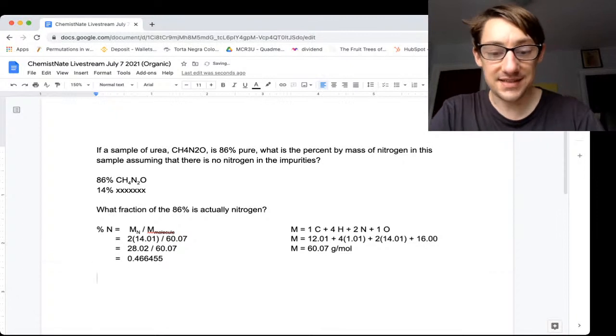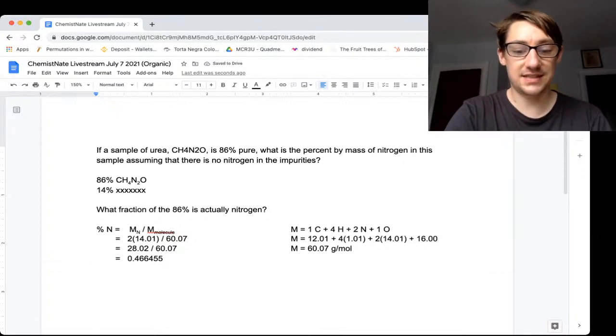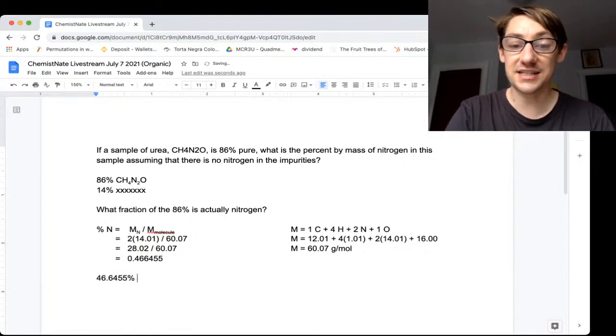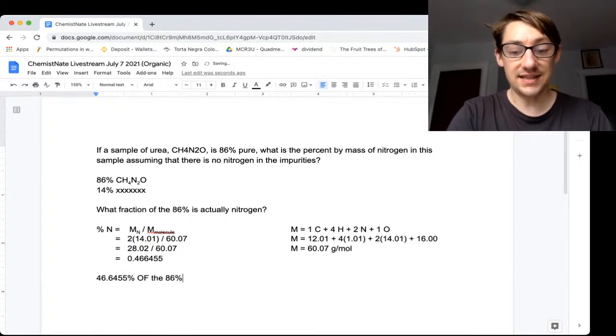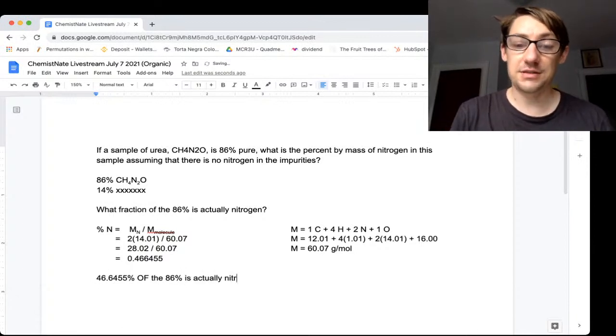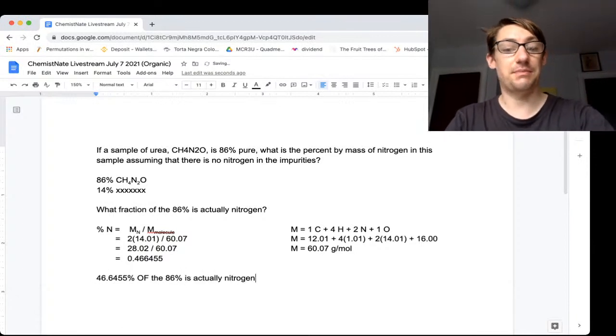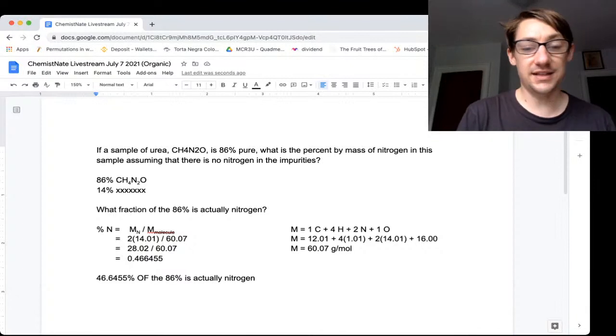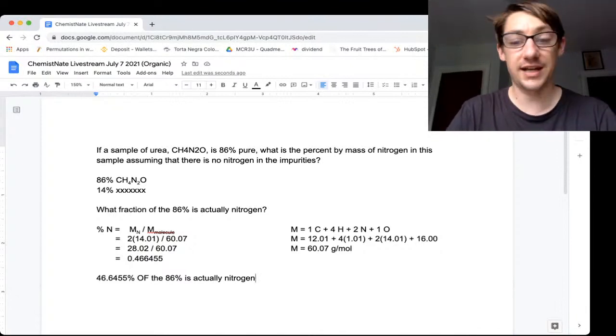And what that means is that 46.6455% of the 86% is actually nitrogen. You're allowed to multiply these percentages by each other, because 86% is already, for example, per 100 grams of sample.